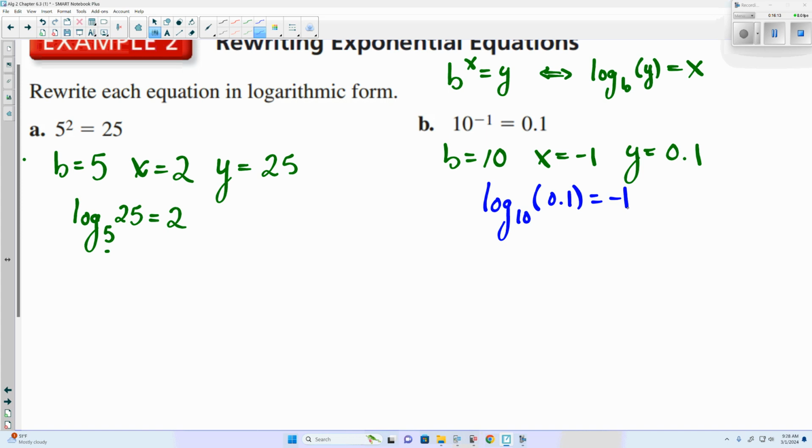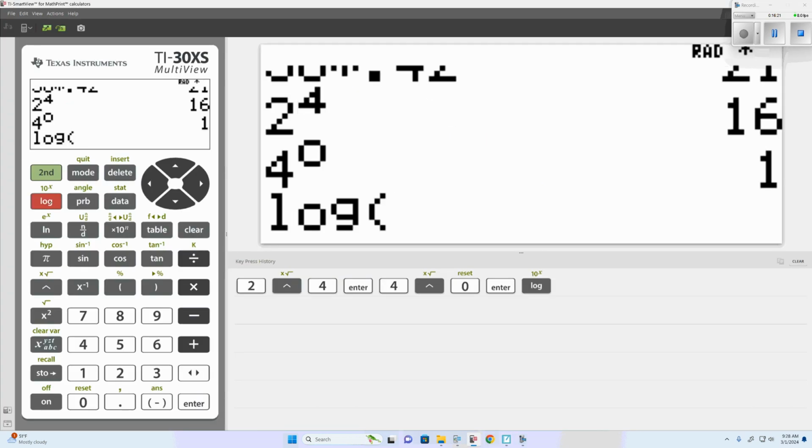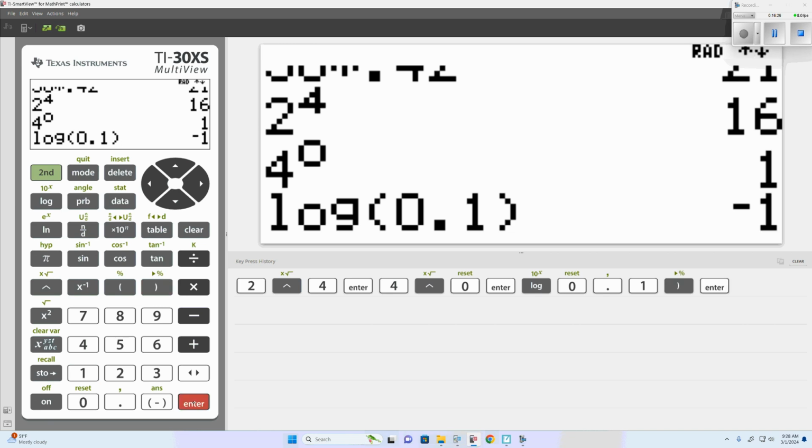Now, as we said, the base for that log button on the calculator is base 10. So for this one, on either calculator, we can hit the log of 0.1 and get negative 1.